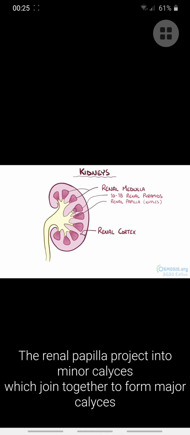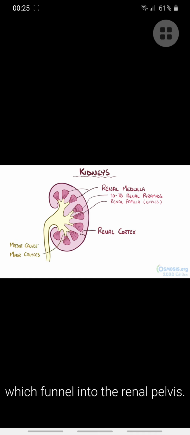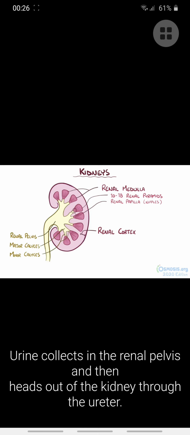The renal papilla projects into minor calyces, which join together to form major calyces, which funnel into the renal pelvis. Urine collects in the renal pelvis and then heads out of the kidney.